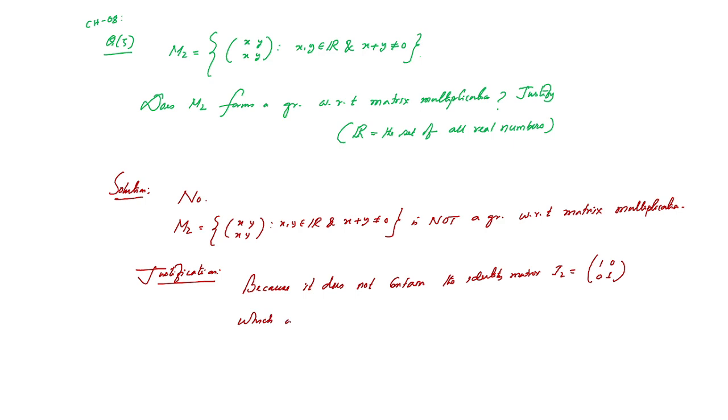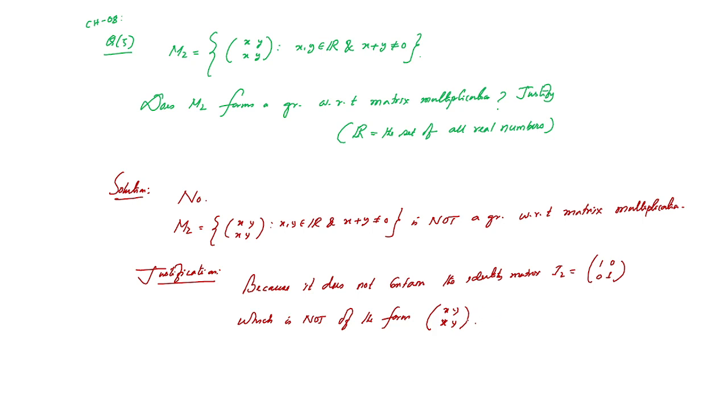Because it is not of the form [x, y; -y, x] with x plus y non-zero. The identity matrix would be the identity element, but that element does not belong to M2.